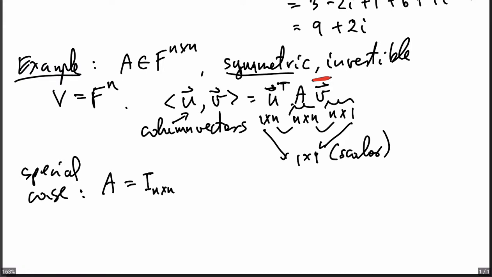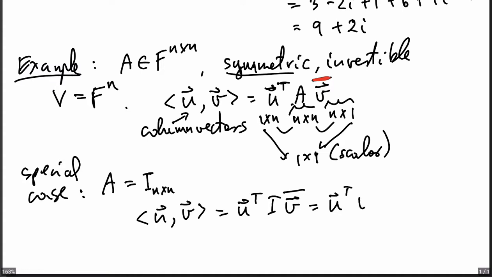And what we have in this case is that the U inner product with V is U transpose multiplying the identity and V conjugate, which is actually just U transpose multiplying the conjugate of V, which is exactly the definition that we used. The U_i component multiplying the V_i component's conjugate and adding this up from i equals 1 to i equals n, which is the standard inner product.